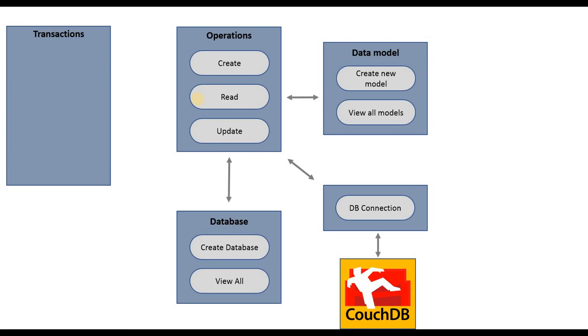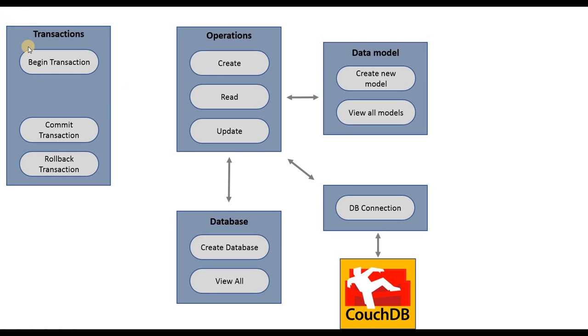And there comes our transaction layer. Our transaction layer will provide these three exclusive features. Number one, starting the transaction, beginning the transaction. After starting the transaction, they will be able to perform any of those data operations that I have just described.